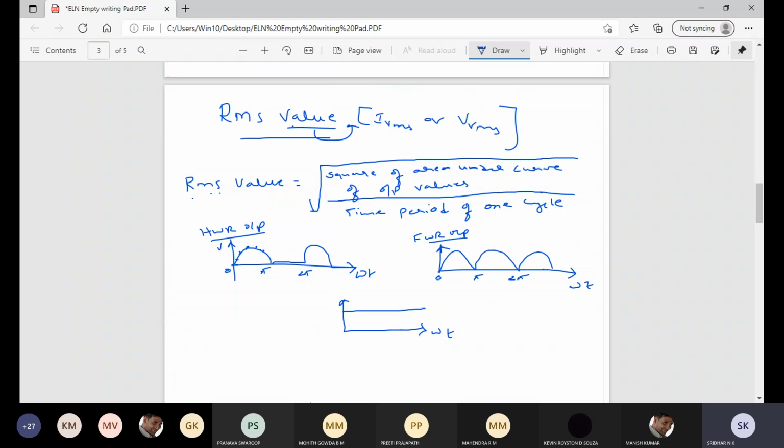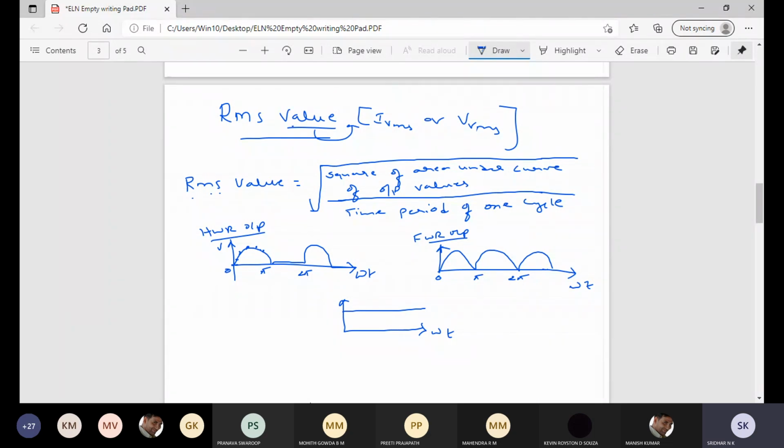The period of one cycle is 0 to 2 pi, and the output is from 0 to pi for half wave rectifier, whereas for full wave rectifier it is from 0 to 2 pi. But we are going to square that value, and once we square it, we have to take the root to normalize it. So this is the meaning of this.